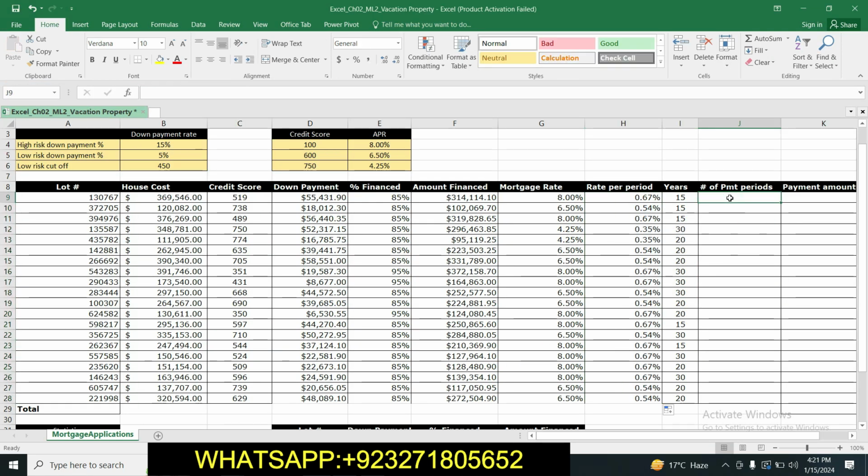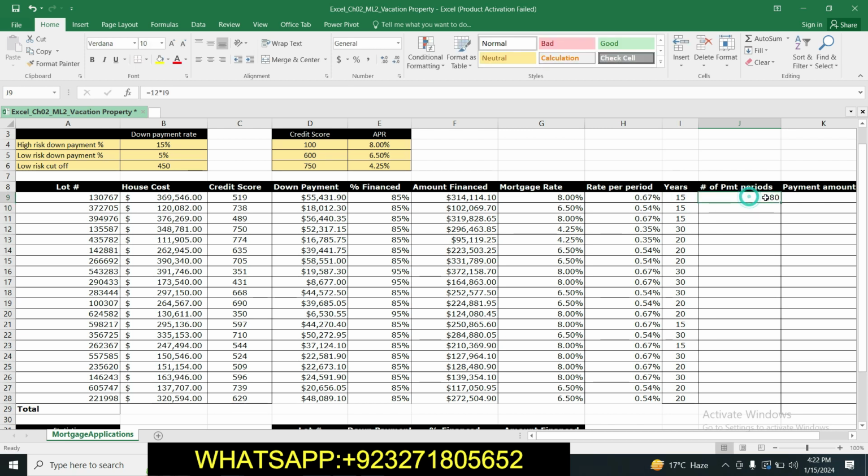We will calculate the number of payment periods. The number of payment periods is calculated by multiplying 12 by I9. Our years are stored in I9, so we will multiply with this.